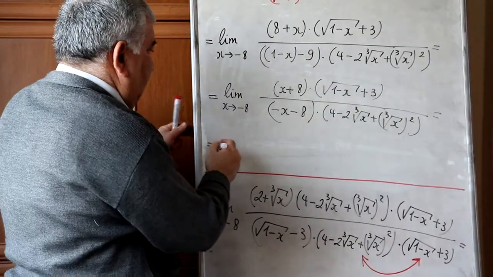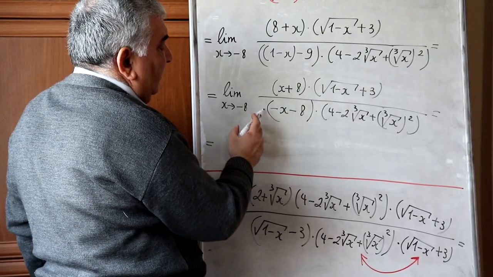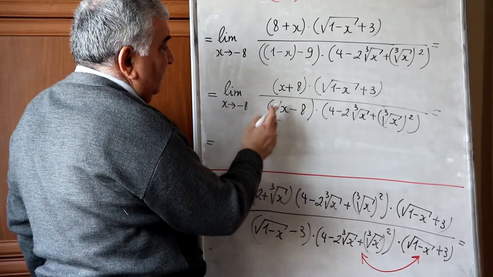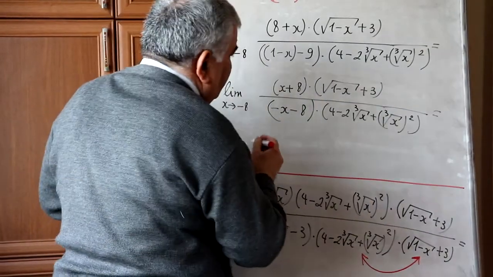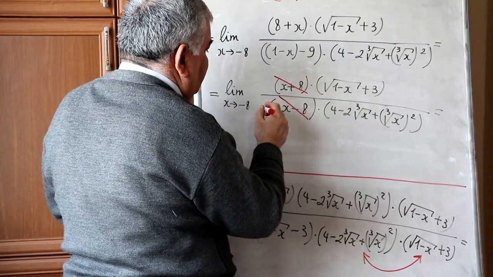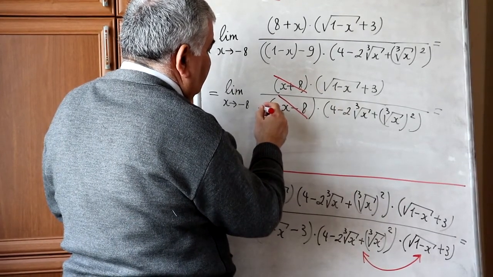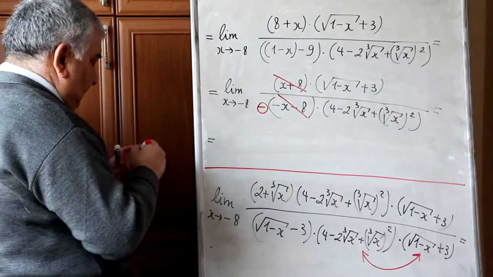Continue. Here we can take negative sign out of the brackets, and then we can simplify numerator and denominator by x plus 8. Here we have only negative sign.